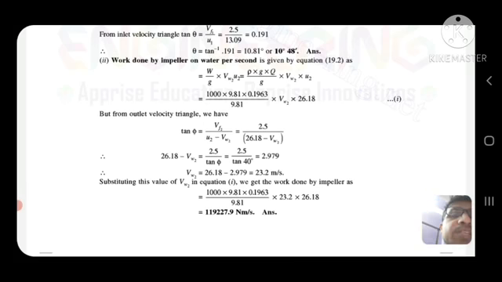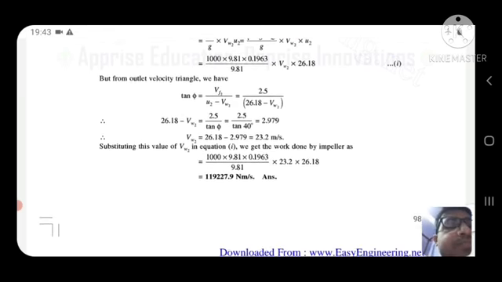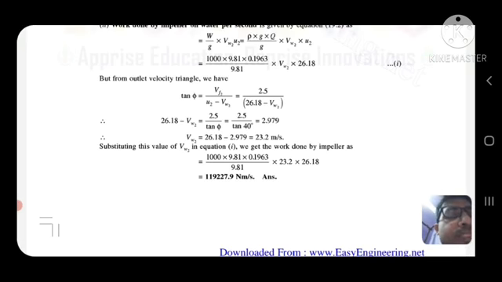Work done by impeller on water per second is given by W by g into Vw2 U2, rho g Q by g into Vw2 U2. So 1000 into 9.81 into 0.1963 by 9.81 into Vw2 into 26.18.